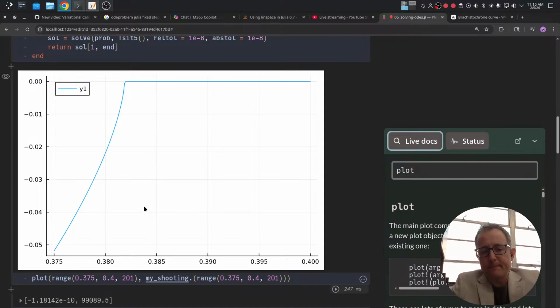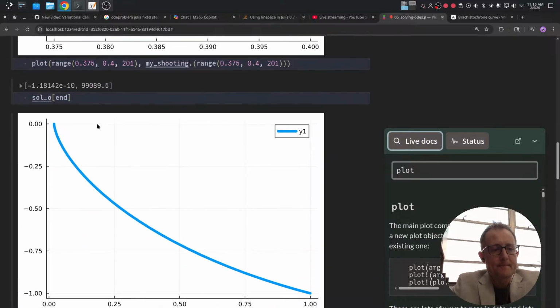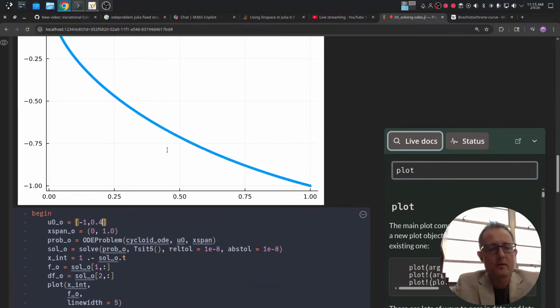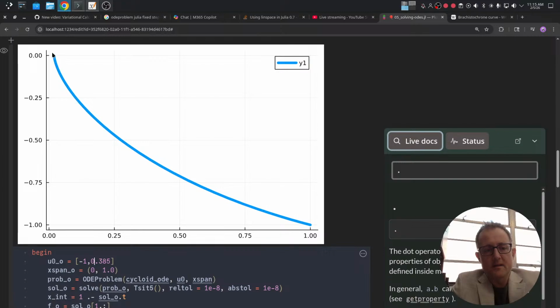Because of that, I figured out that I have to be at least 3.85 or 3.82, something in there. And if I use 0.4 or 0.385, oh, too many zeros. Again, I'm flipping the direction, so I'm starting at 0 and going over to 1. This is what the shape of that curve looks like.